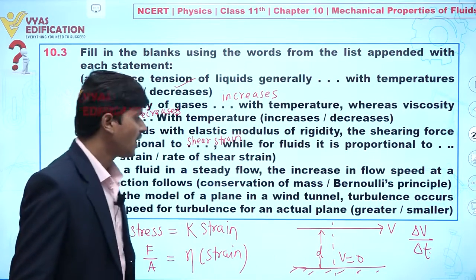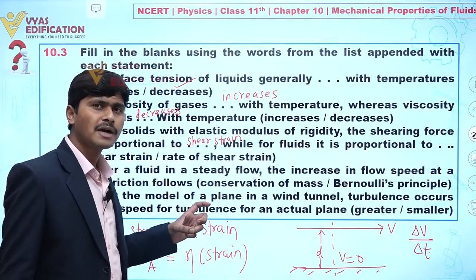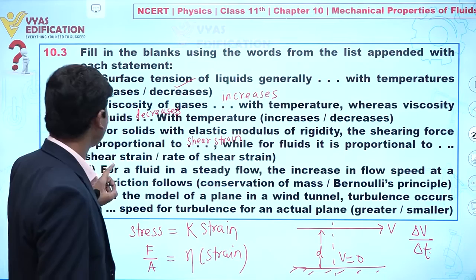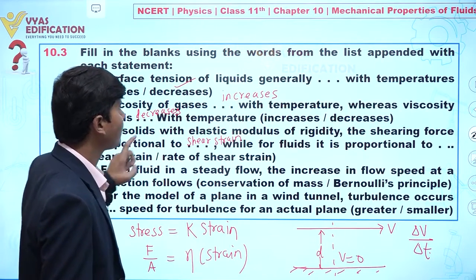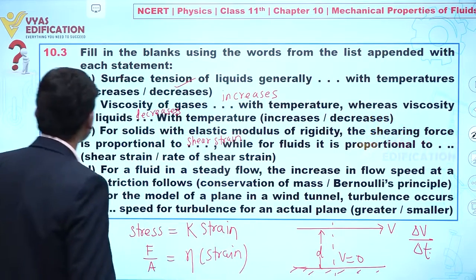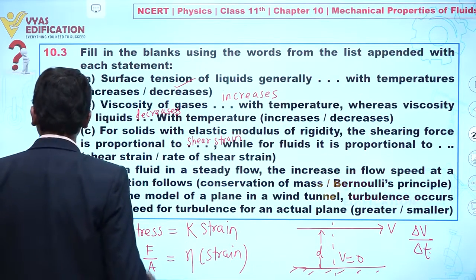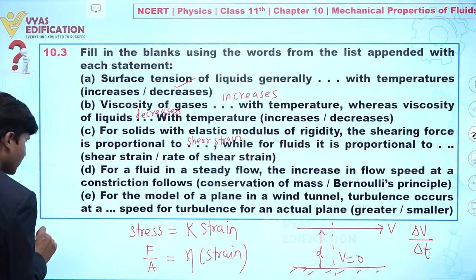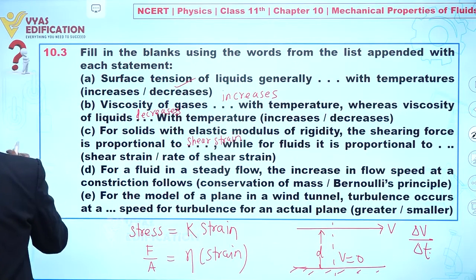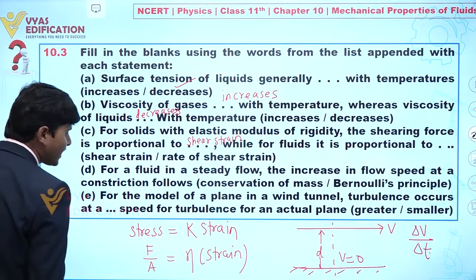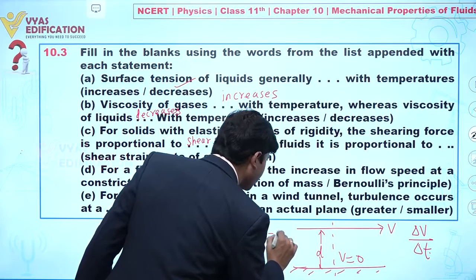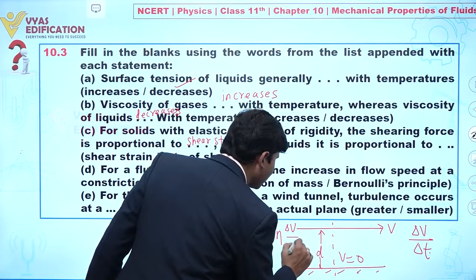Now the important part: how can we define shear force related to fluids? It is defined like this. I am just writing here. F by A is equal to eta delta v by delta t.